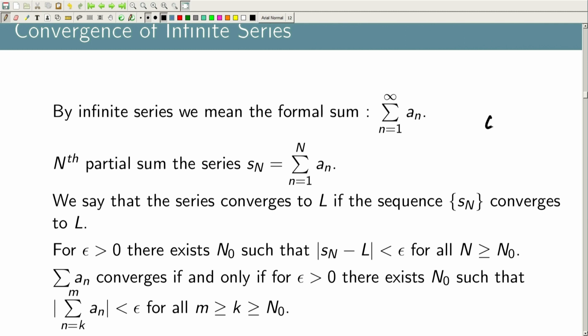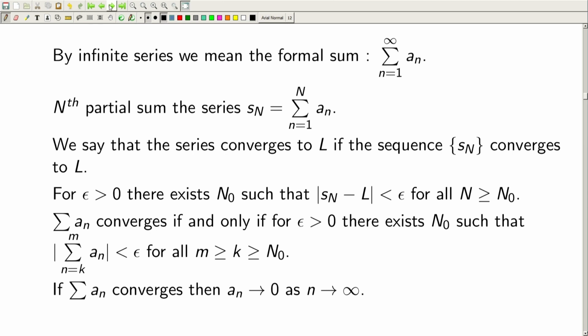As you can see, if I am taking S_m minus S_k, and S_n is a Cauchy sequence, then this is less than epsilon, and that is nothing but what we are writing. This is the sum from n equal to k to m of a_n. Every convergent sequence is a Cauchy sequence. Therefore, what we have got is an if and only if condition. If the partial sum is a Cauchy sequence, then it converges, because R or C are complete.